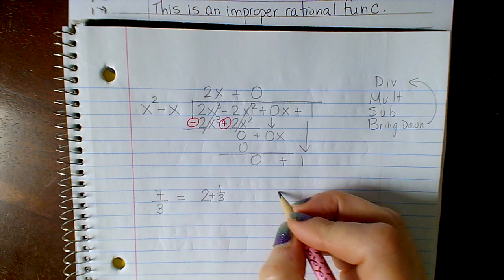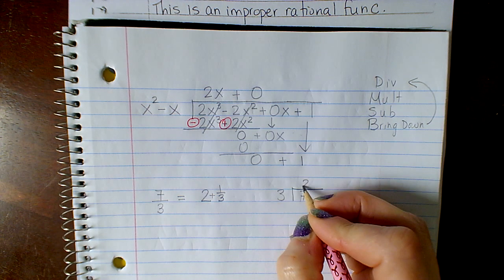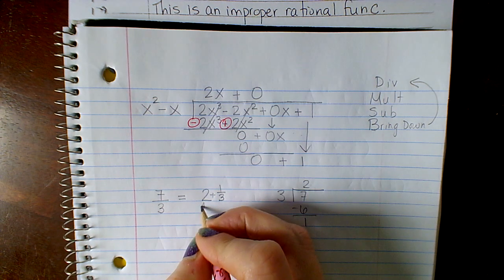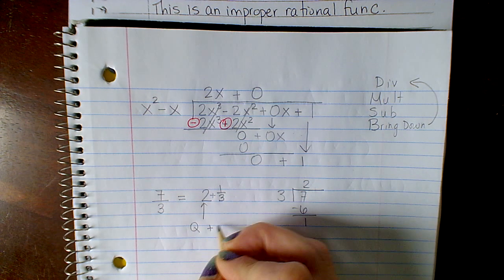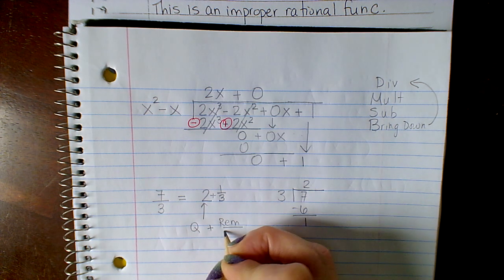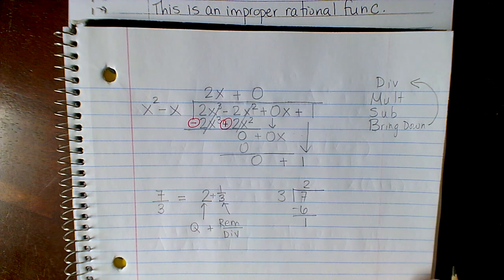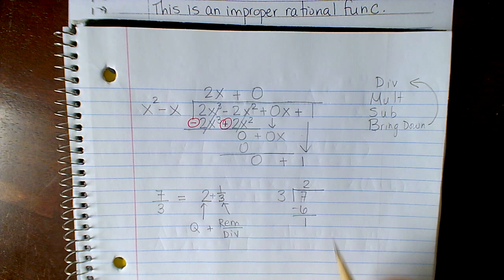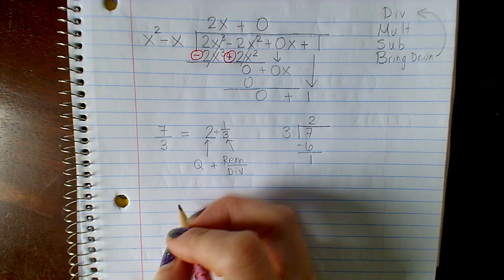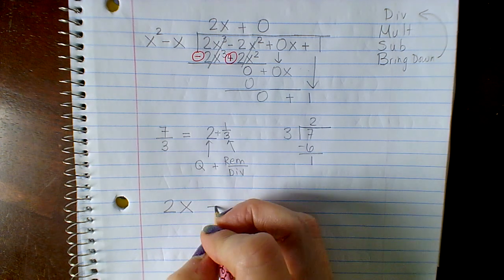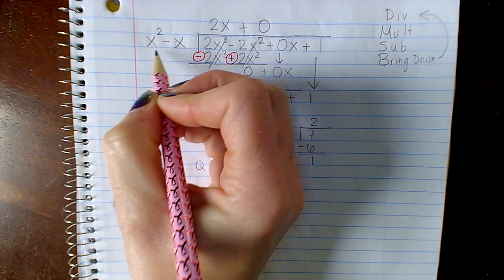That's because if you divide 3 into 7, it goes twice with 1 left over. This is your quotient plus the remainder over your divisor. I'm going to do the same thing over here. My quotient is 2x. My remainder is 1. My divisor is what's out here.